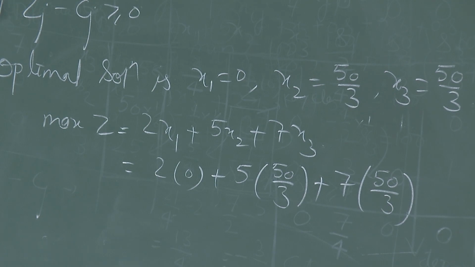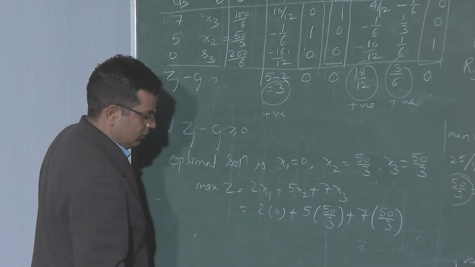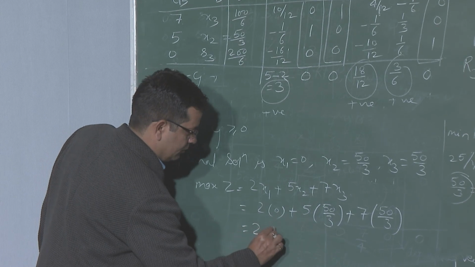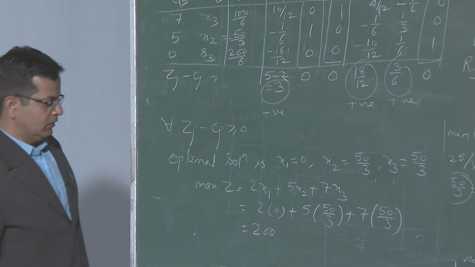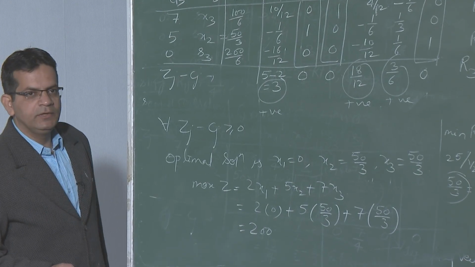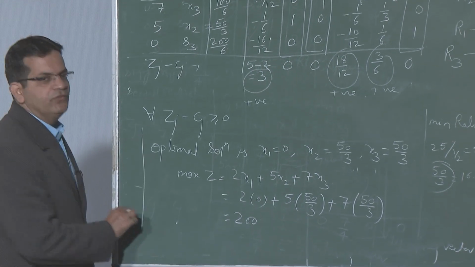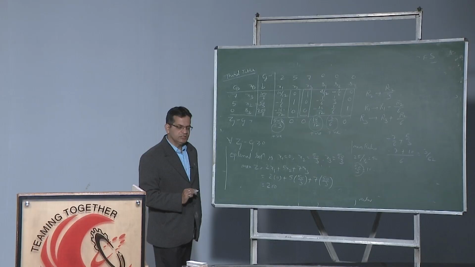So it is 12 multiplied by 50 by 3. So 12 multiplied by 1 by 3 we have 4, multiplied by 50, it is 200. So this is the maximum value. So this is our answer to this problem by the simplex method.